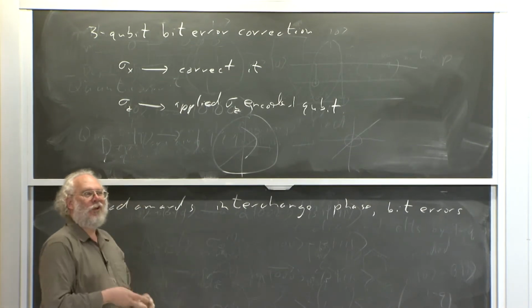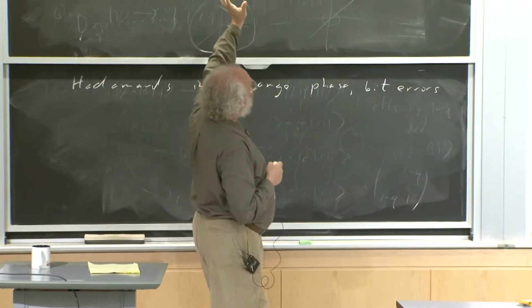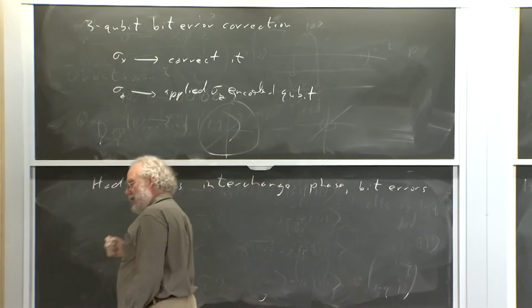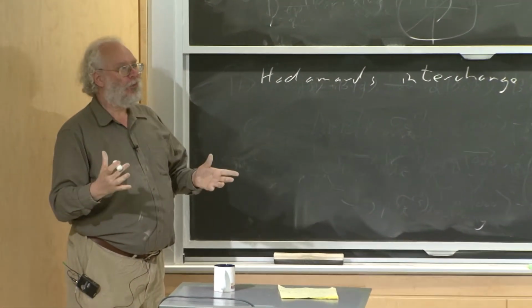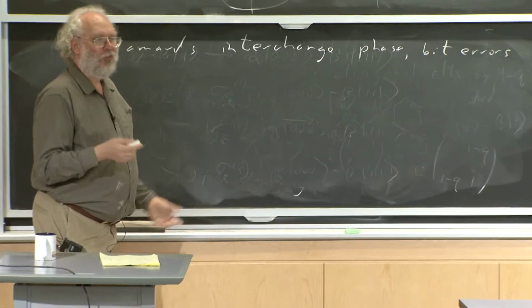So intuitively, this should mean that you can take this code and Hadamard it and get a code that corrects phase errors but makes bit errors 3 times as bad. So let's do it.